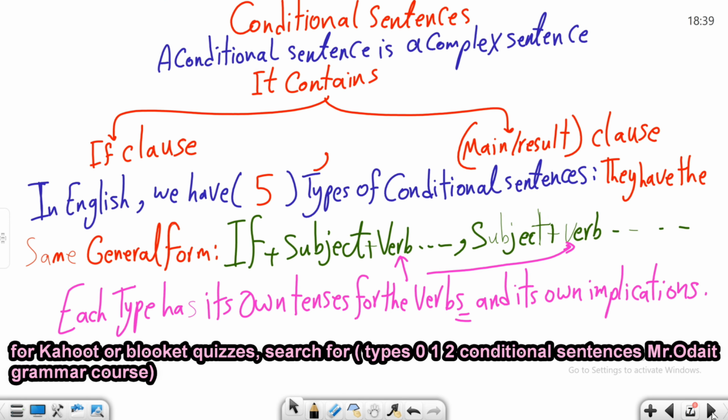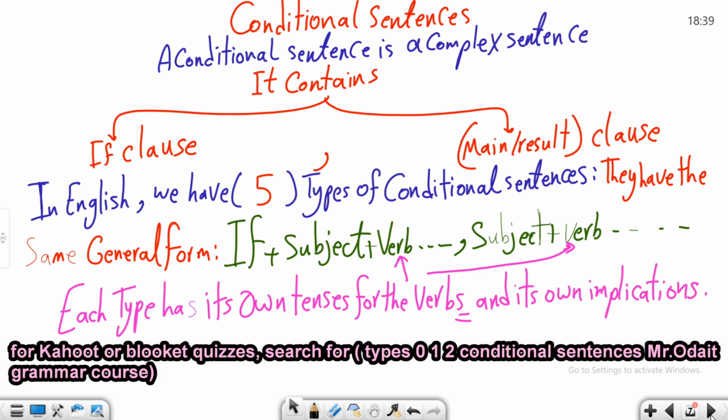We talked about conditional sentences, and we said that a conditional sentence is a complex sentence, which means that it contains two parts. The first one is the dependent or the if clause. The other one is the main clause or the result clause. We said that all of the types of the conditional sentences have the same general form.